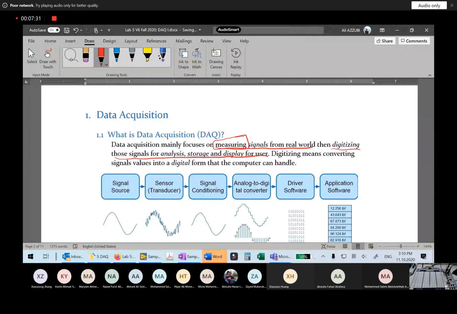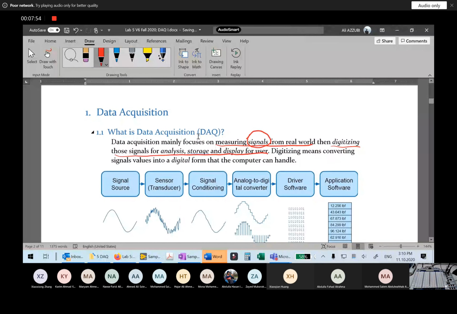Data acquisition means I'm measuring something. What is this thing? Here I can see the word signal. So basically, I have a signal, and we will see what that means. I want to acquire that signal. When I acquire, it means I'm measuring or converting this signal into a form that the computer can handle.